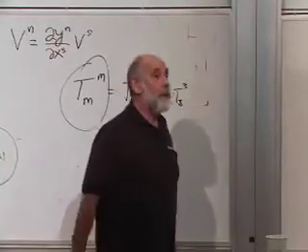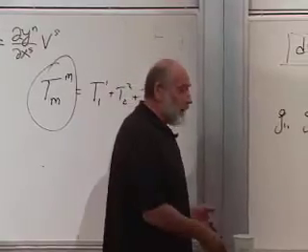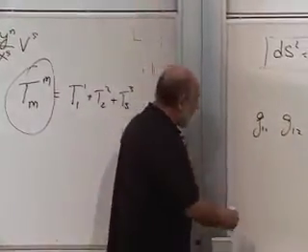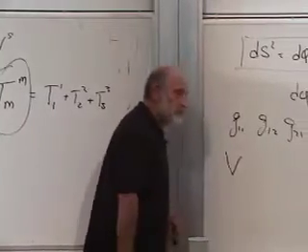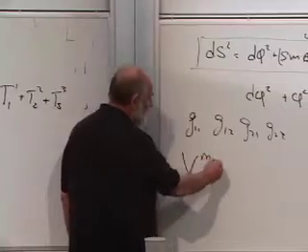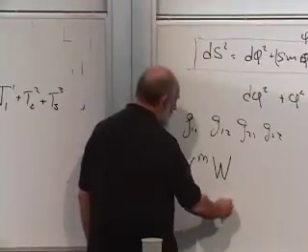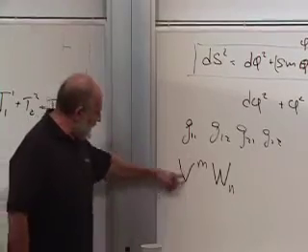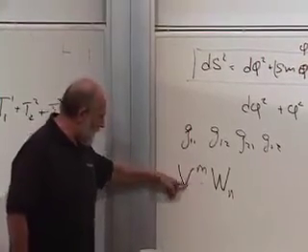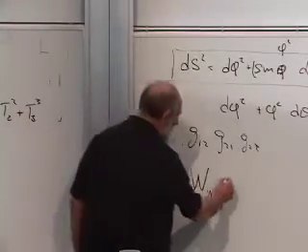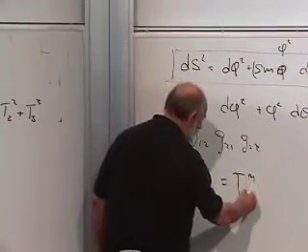For example, if you construct a tensor out of 2 vectors, v and w, let's suppose v has upper indices and w has lower indices. That's a tensor, just the product. In other words, the components are simply the products of components. We call that T^m_n.